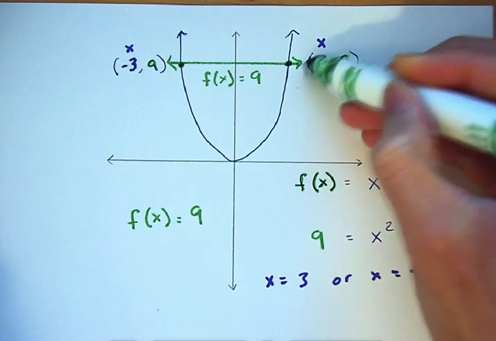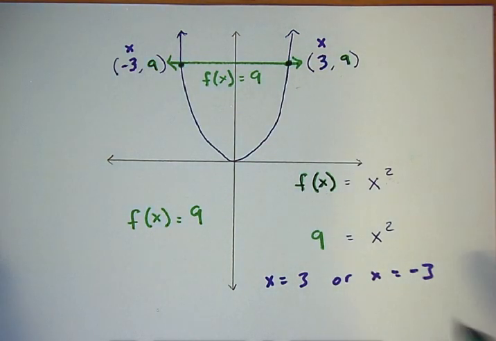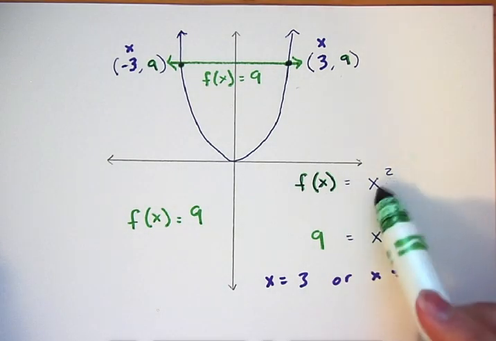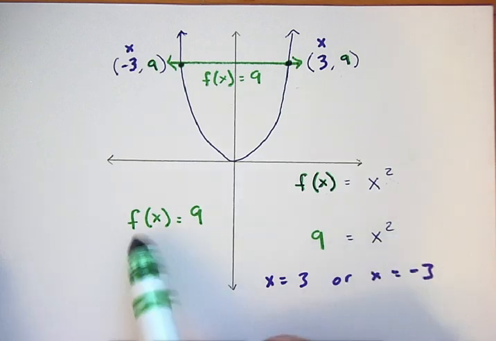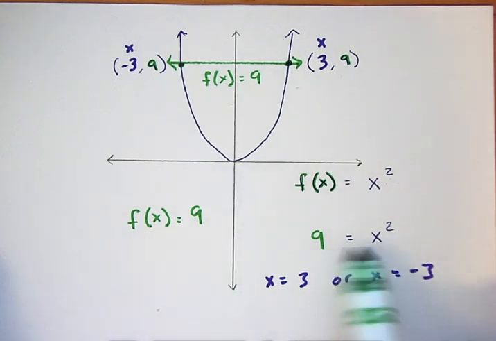It touches it in two spots. Those are the two spots where my equation f of x equals x squared in blue and my equation f of x equals 9 in green touch. Those two spots, my green and my blue, are my two solutions.